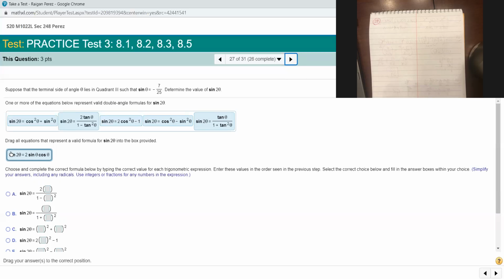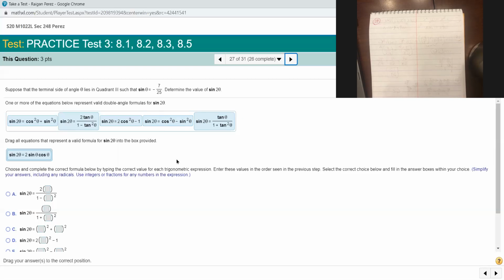None of the rest of them are correct. This equals cosine, this equals tangent, this is cosine, that's cosine, it's tangent. So just that one's the only one that works.